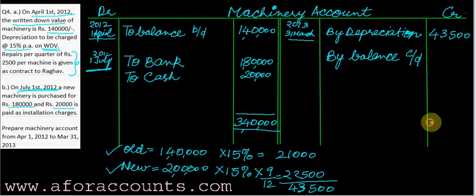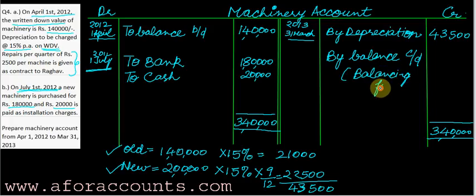Here also I will have 3,40,000 as total, and by balance carried down as on 31st March will be your balancing figure, which will be 2,96,500.